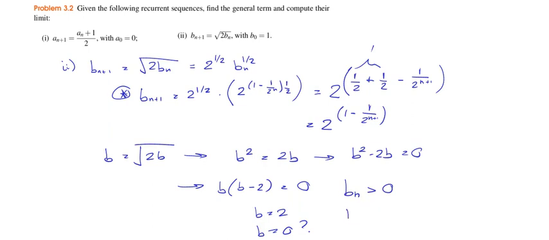Assuming this is true, then b sub n plus 1 is equal to the square root of 2 b sub n, and if b sub n is greater than 0, then this is greater than 0, just because it's the product of positive numbers. So yeah, proven by induction. So b equals 0 is not possible, and the limit is b equals 2.